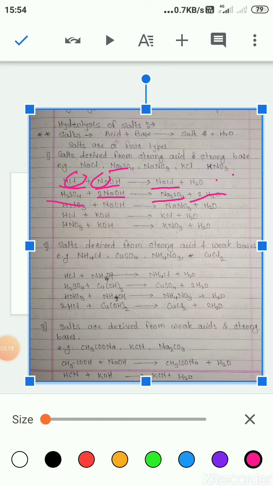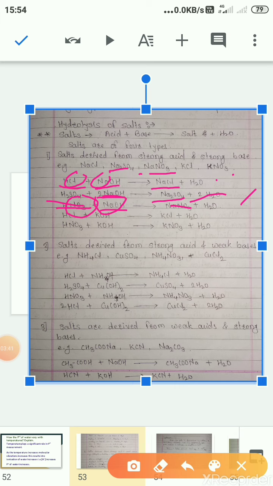The next is NaNO3. Nitric acid plus sodium hydroxide: sodium from the sodium hydroxide and nitrate ion from the nitric acid, it produces NaNO3 and water.